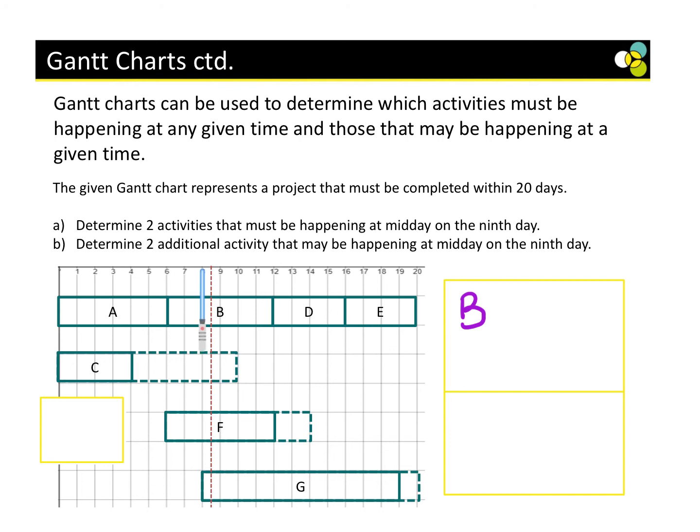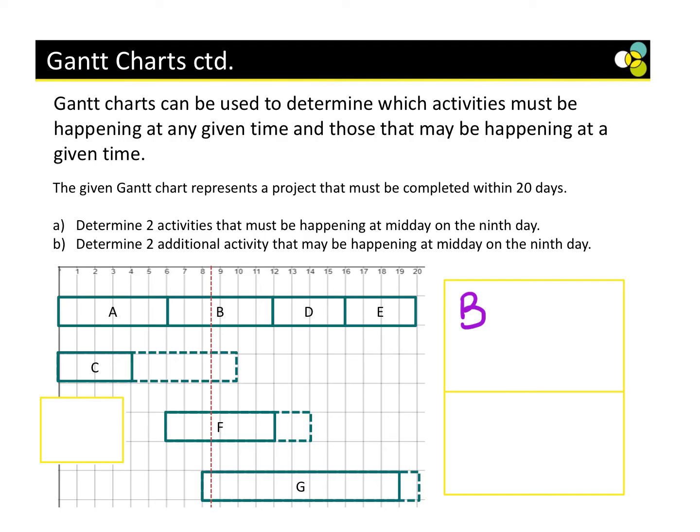We now start day 9. We finish day 9 here. So the middle of day 9 is here. When we reach this number, this is saying day 8 ended right there. So B definitely has to happen.